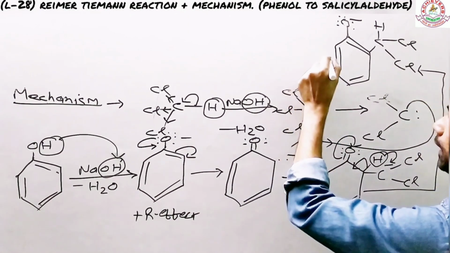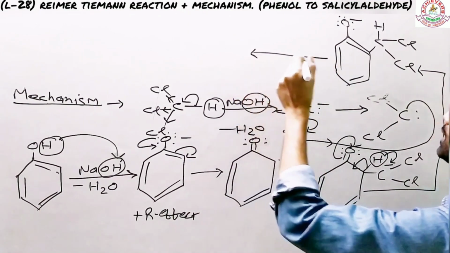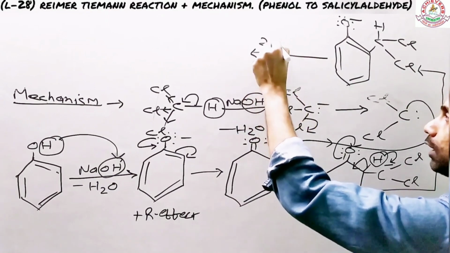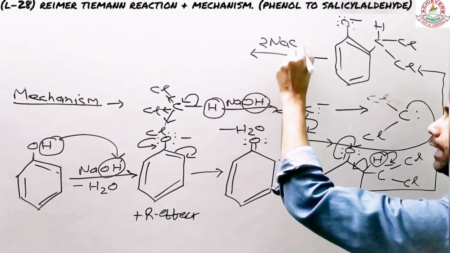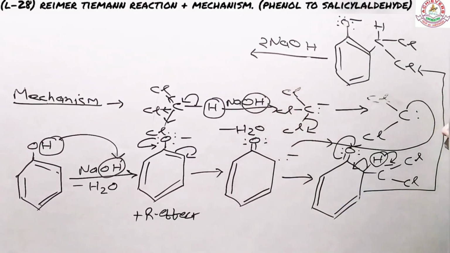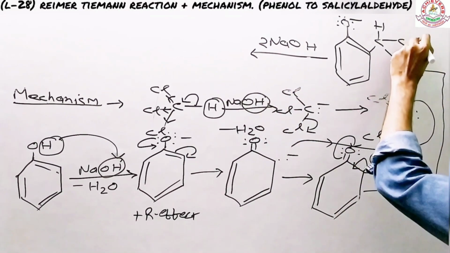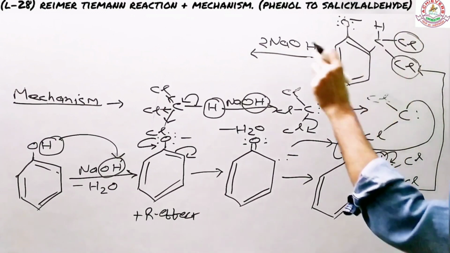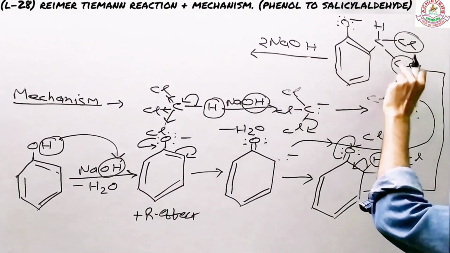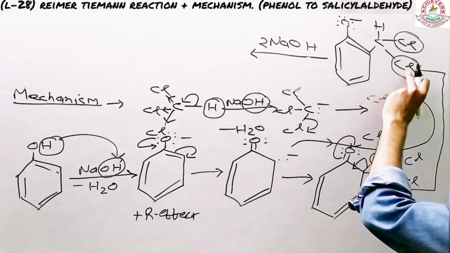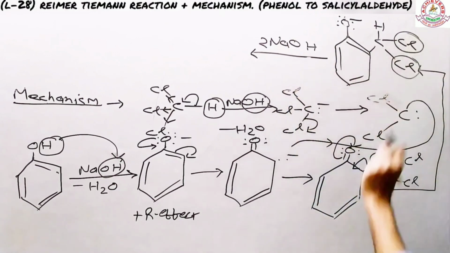Now just pay attention here again. Another 2 molecules of sodium hydroxide come into the picture. And what happened? These 2 chlorines are substituted by the OH. Why? Because sodium prefers to go with the chloride.